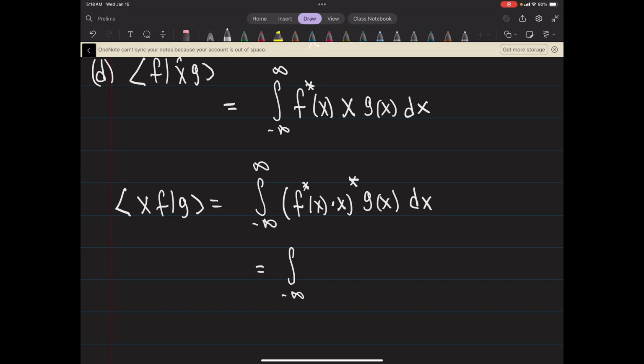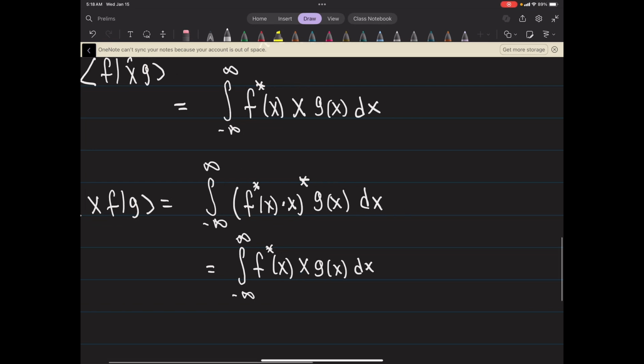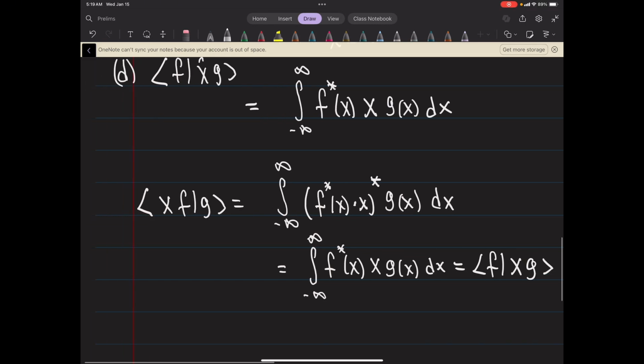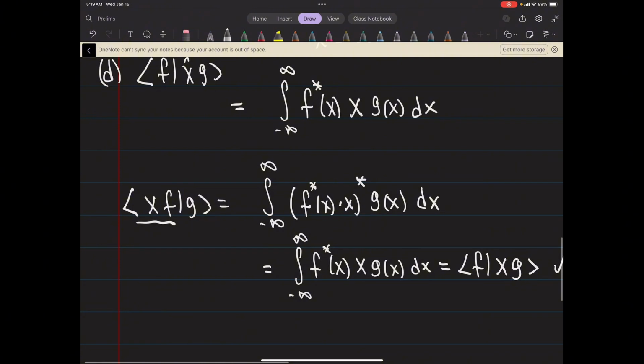So it's really no different than just this. And this is the exact same thing, which is the definition of Hermitian, since this equals this. Okay, so that was pretty straightforward.